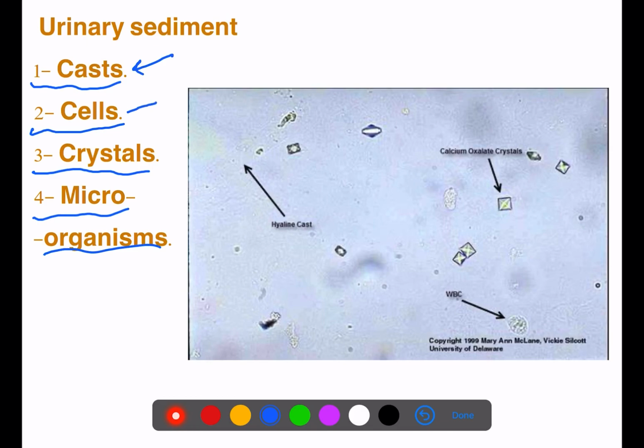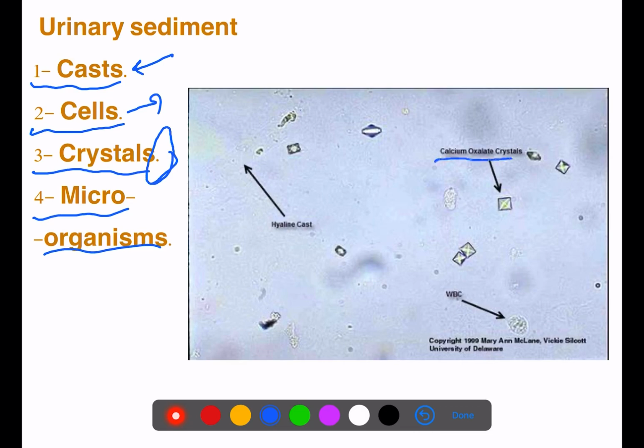The cells include the RBC, white blood cells, and neoplastic cells also appear within urine, and all of these indicate a hemorrhage, an inflammatory process, or neoplasia within the urinary system. The crystals are usually found within the urine.